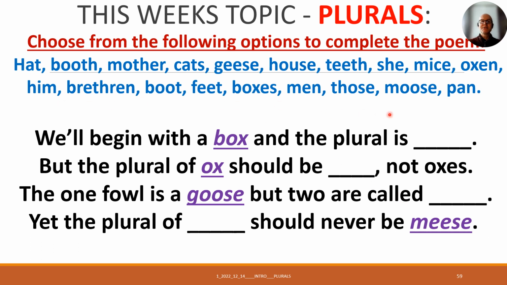So this poem, as we go on, will show some of the rules for making plurals, and it will show you also some of the exceptions. So we're going to go through the entire poem, leaving the blanks, and then we'll fill in the answers at the end.